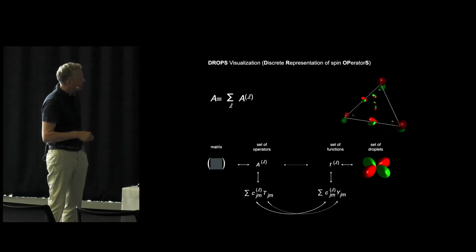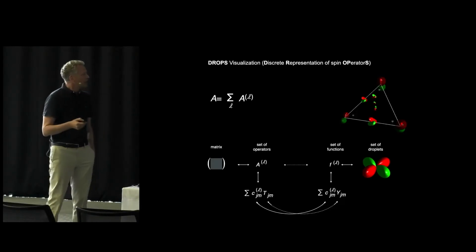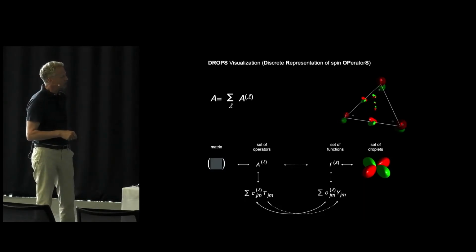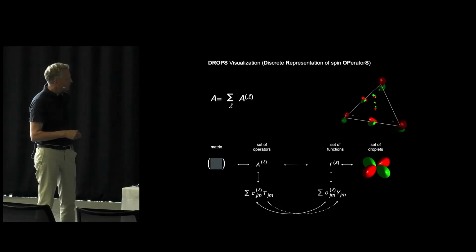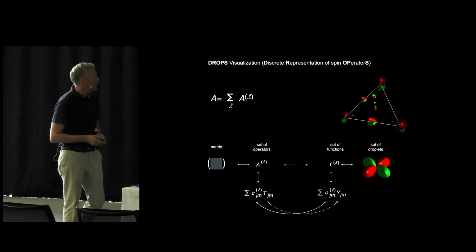Then these can be decomposed as a linear combination of spherical tensor operators, which have been mapped 100 years ago according to the properties of spherical harmonics. And if you take the coefficients of these spherical tensor operators from this decomposition and combine them with spherical harmonics, you get these pictures here, for example.